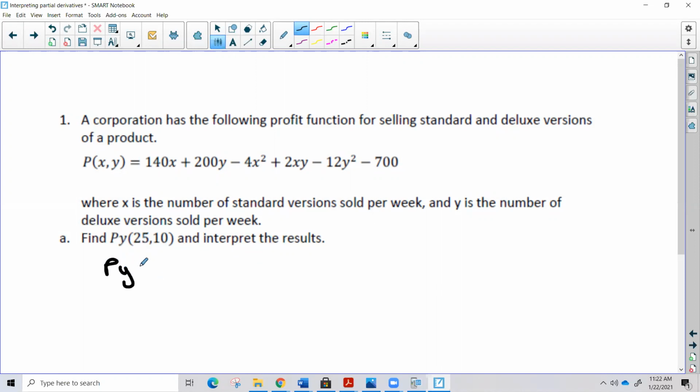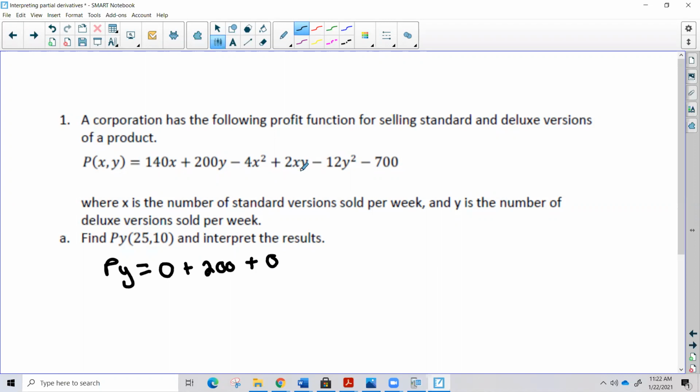So we first find the partial with respect to y. When we do that, anything with an x is considered a constant. So the derivative of 140x, that's a constant, would be 0. 200y, okay, y is my variable, so the derivative is 200. Minus 4x squared, again, all x's, so the derivative is 0 because it's a constant. Plus 2xy. So my variable's y.